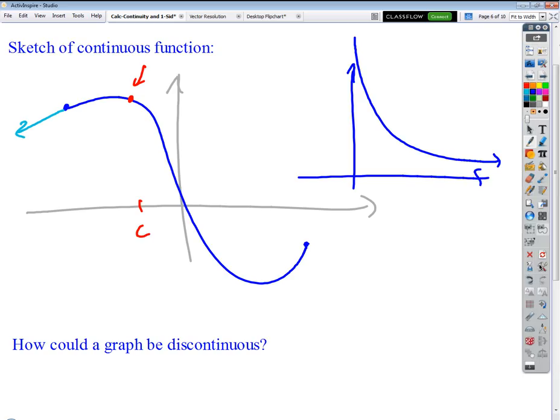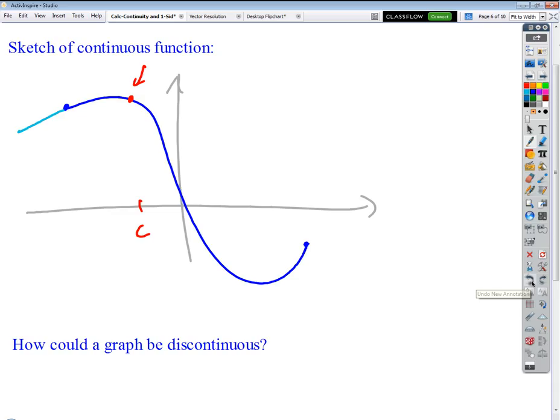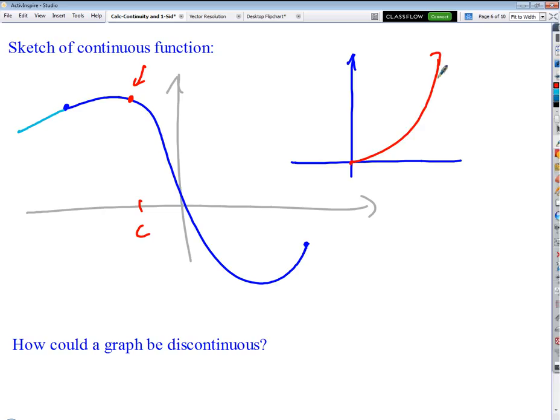I don't know what I was thinking there. Let's do a better one. Let's do the area of a square of side length x as a function of x. It's just x squared, isn't it?